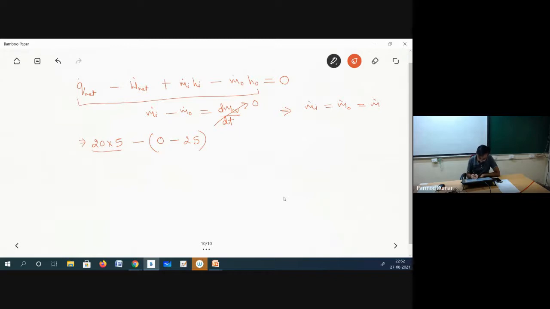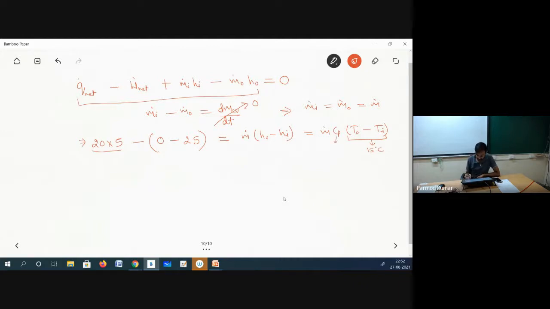And if I take this m dot on the other side, I can write m dot times ho minus hi, which is m dot cp into To minus Ti. For To minus Ti, in our question, the limiting condition is given that it has to be 15 degrees Celsius.